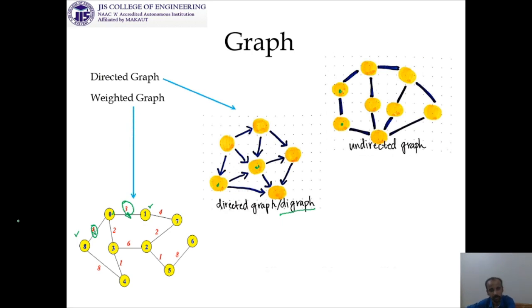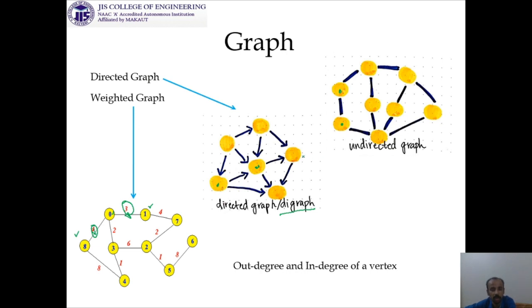Now out degree and in degree of a vertex, these terms are applicable for directed graphs. So let us check what this is. We can think about this direction which is incident out from this vertex. Here you can see this direction is incident out from this vertex, but this edge is incident in for this vertex.